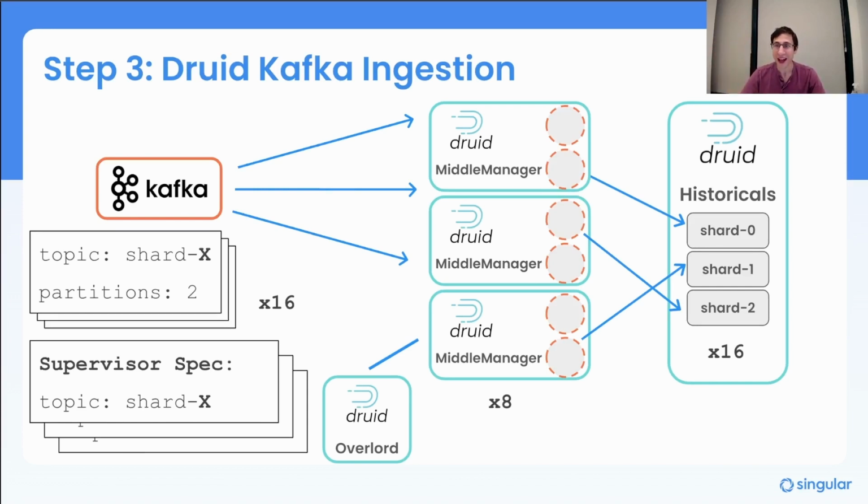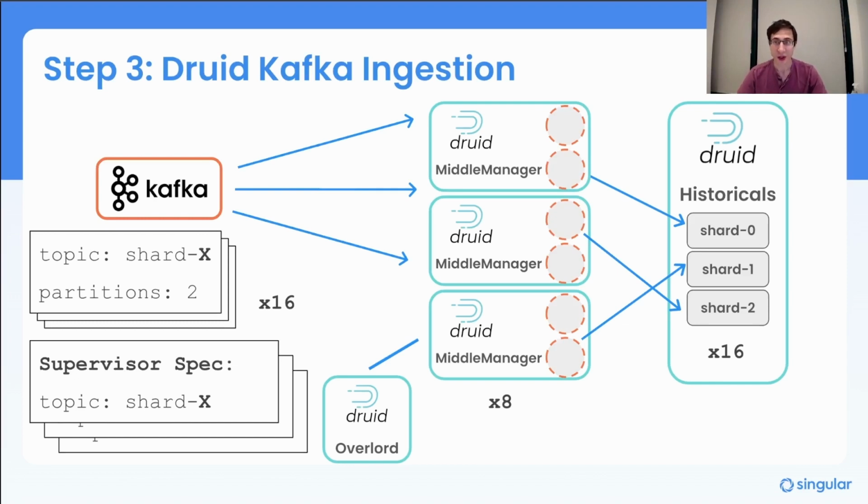So you do your own math and figure out what works for you and for your scale, and ultimately just remember that there's a direct relation between the number of tasks that you have and the number of partitions and topics. We ultimately went with one ingestion task per topic, and we run a couple of ingestion tasks on each middle manager.